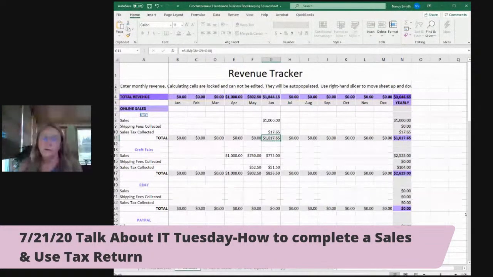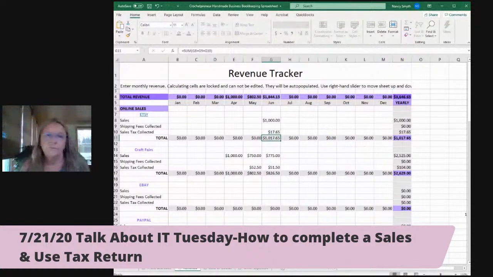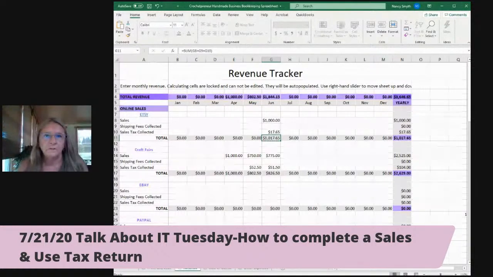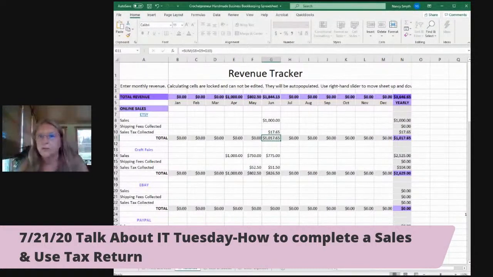Spreadsheets also don't tell you how much is taxable and how much is non-taxable. It doesn't provide you with any sort of way to calculate how much I would have sold that was subject to local tax in Burlington or Colchester.